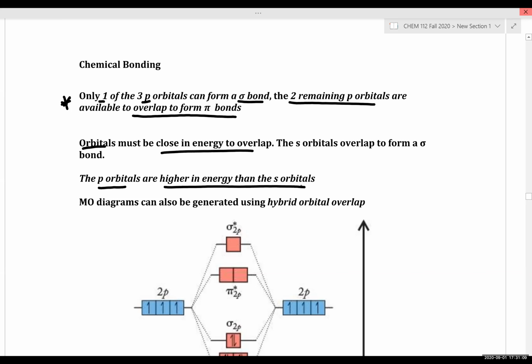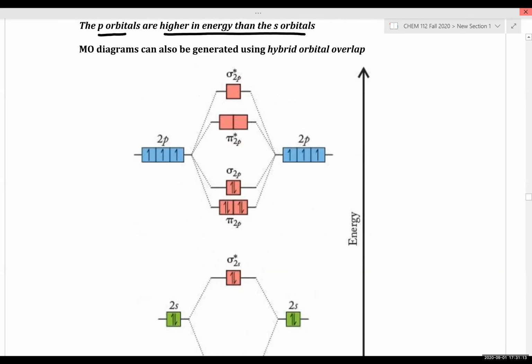And from these premises, we can take our component atomic orbitals. In this case, we're taking our atomic orbitals for each of our two atoms, two nitrogen atoms.